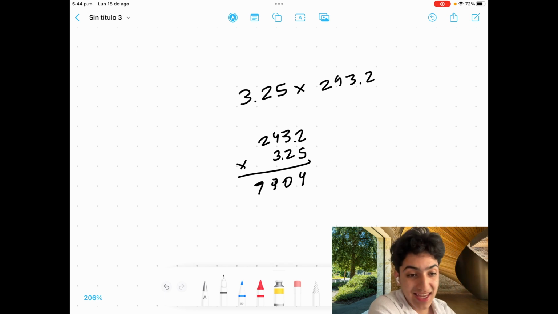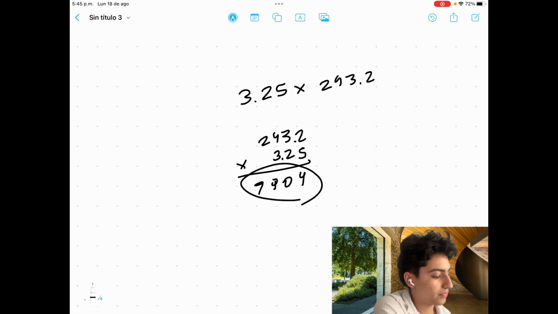Now, the key thing here, and this is a key thing, is now counting the decimal places of each value. So counting the decimal places of this value and counting the decimal places of each value. Then we combine those decimal places, and by combining it, we're gonna know how many decimal places the result will have.